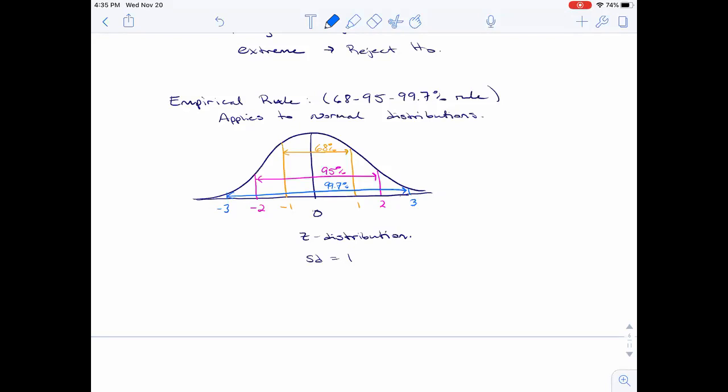That's the same as our alpha 0.05, right? Alpha is 5%. We've got 5% left over. And so as a rule, anything more than 2 standard deviations away, we can reject H0 because our p-value, the area of the tail, is less than 0.05.